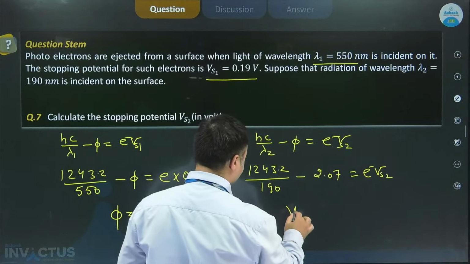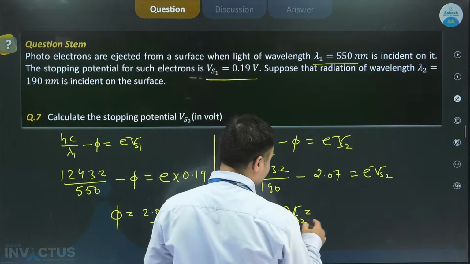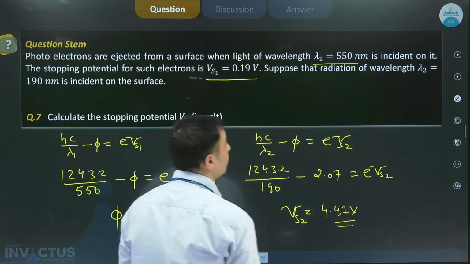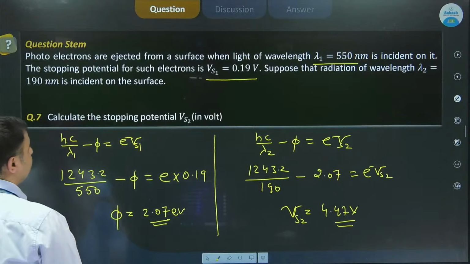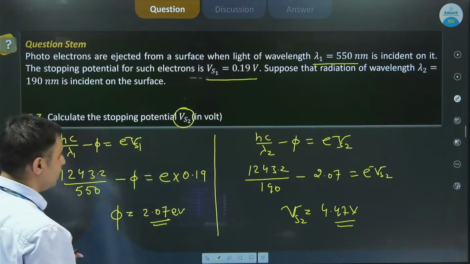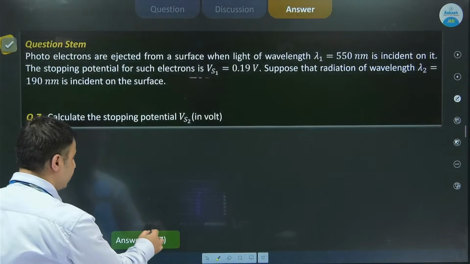So from here we can calculate the value of stopping potential Vs2, which comes out to be 4.47 volt. So in this part we have to calculate the stopping potential. So stopping potential is 4.47 volt.